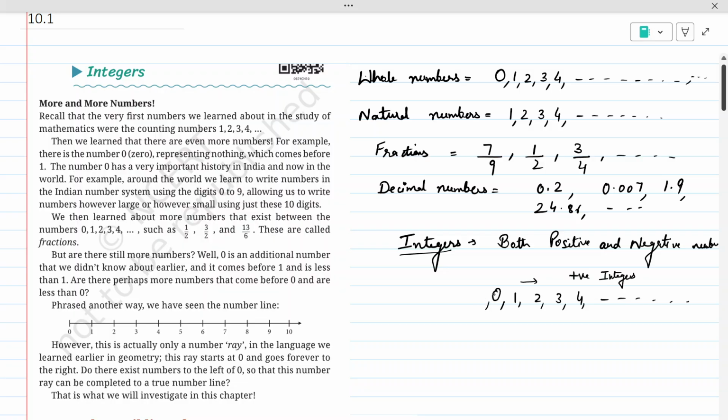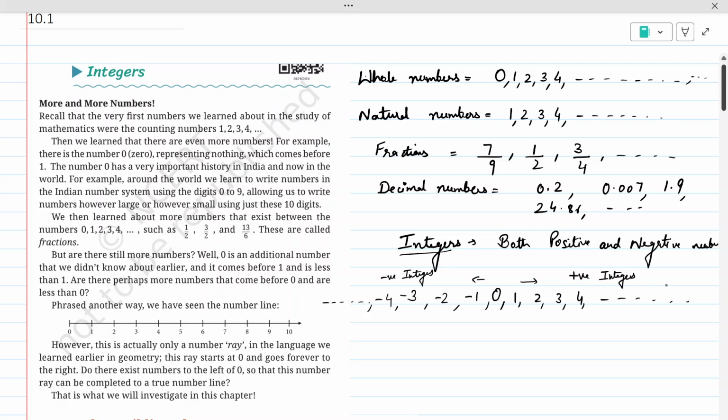They are on the other side of 0. They are on the left side of 0 and they go like -1, -2, -3, -4 and so on. Okay. So the total set of all positive and negative numbers are called integers.